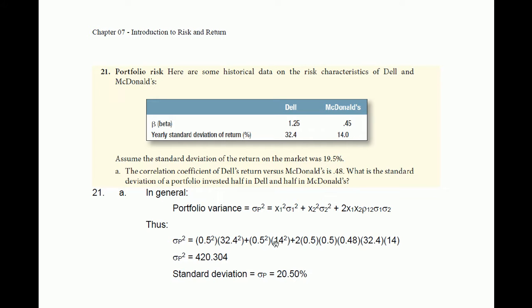And we can get, this is half in Dell, half in McDonald's, and this is the correlation coefficient. And we can get the variance is 420. So we take the square root of the variance, we get the standard deviation is 20%.